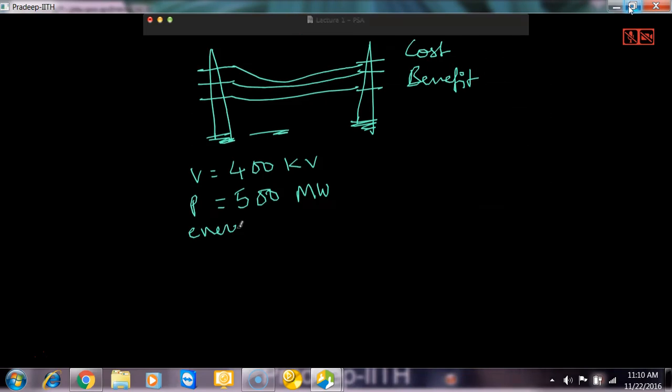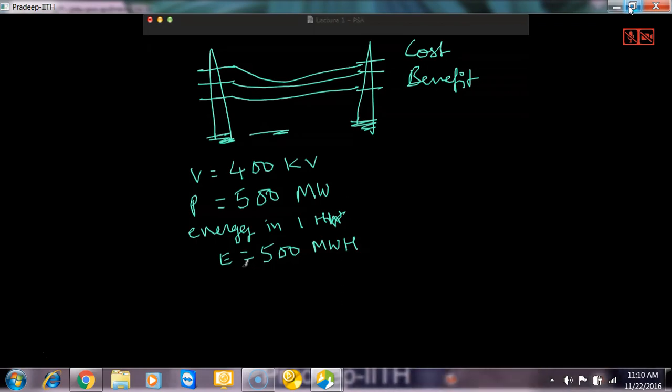I can just simply multiply this. So E equal to 500 megawatts, which I can simplify as 500 into 1000 kilowatt hours.